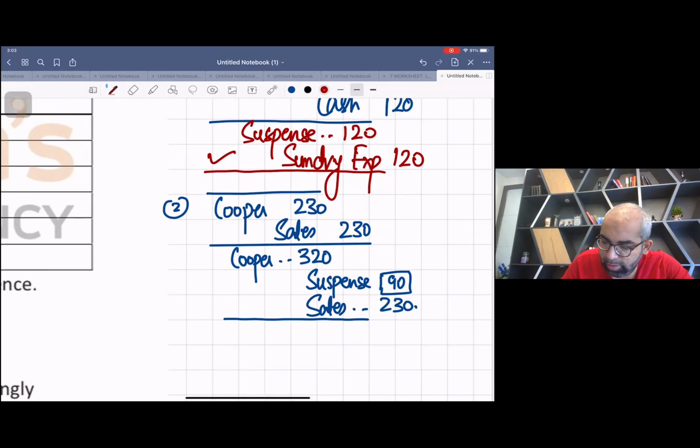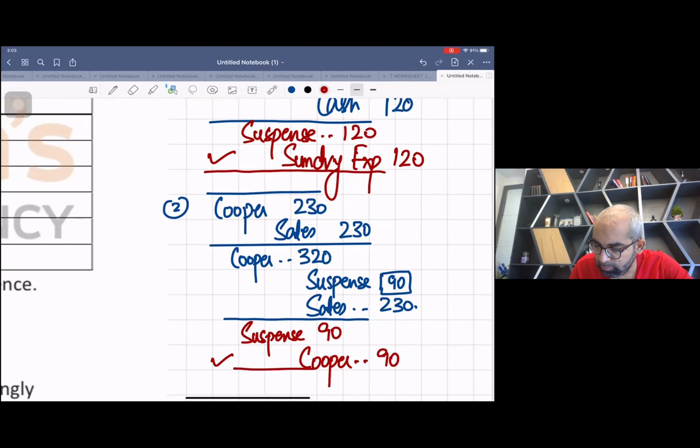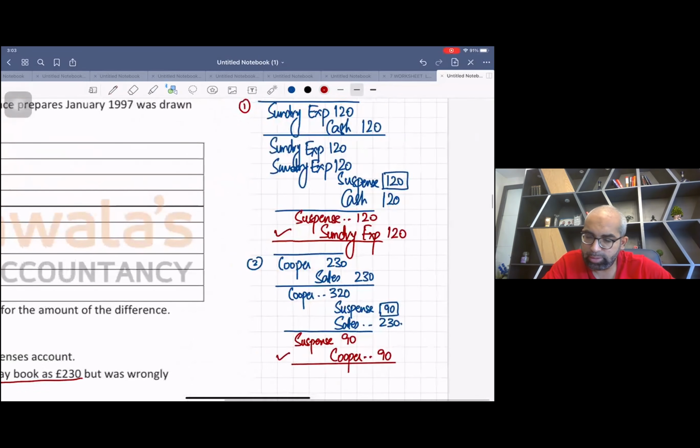So now let's credit Cooper by 90, and obviously we need to close the suspense, so suspense will be debited by 90. Correct. Okay, so these are the first two errors.